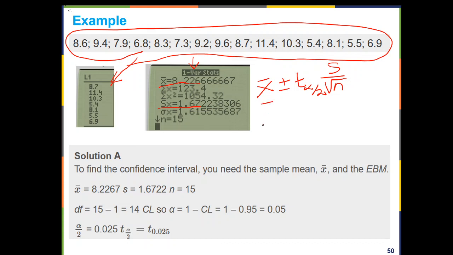So we got the mean, which is 8.2267, plus and minus. Now we're going to get to t in a second. S is 1.6722, divided by square root of, what is the sample size? 15. Now here, what's the confidence level?